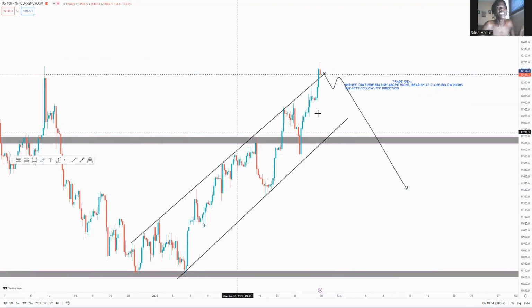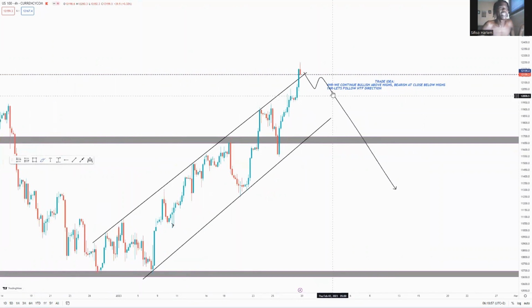So my trade idea is we continue bullish above highs, bearish at close below highs. Like I say, if we continue bullish above those very same highs, then we take continuation trades. But as long as price trades below that very same zone, then we continue bearish or we look for those reversals to the downside. So that's my take on the NAS.